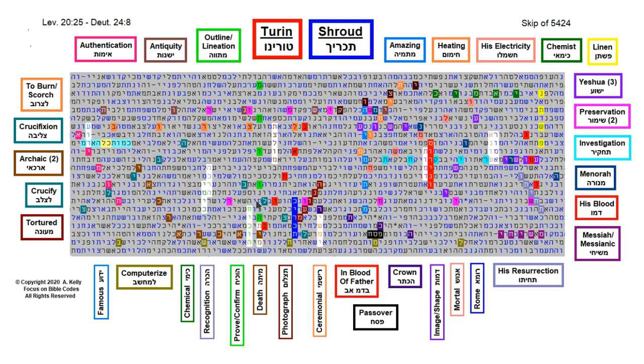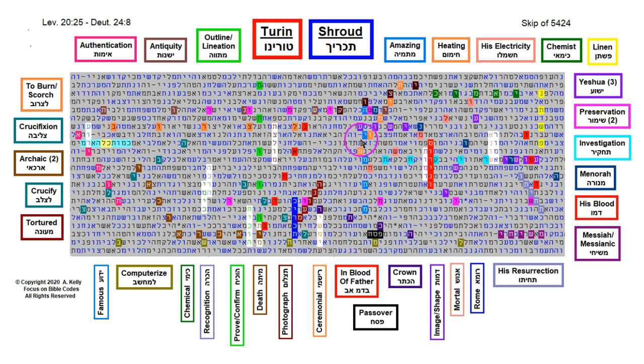Many people believe this shroud is confirmation or authentication of the most amazing miracle in the history of man, the resurrection of Yeshua. We have the word authentication or confirmation here, and it's crossing over crucifixion. And the word amazing is in this blue, going up.